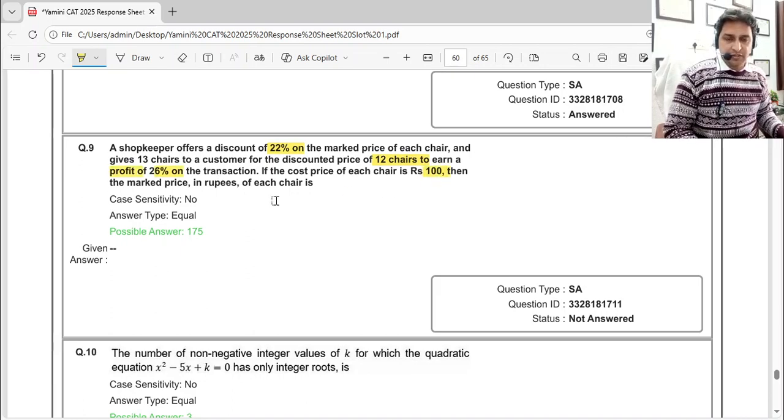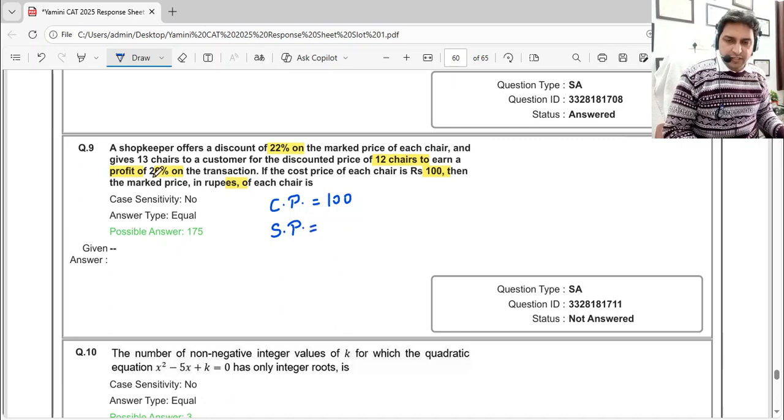The cost price of each chair is 100. So one thing is clear, the cost price is 100 rupees, and since there was a profit of 26%, 26% of 100 is 26 rupees, so the selling price is 126 rupees for one chair.